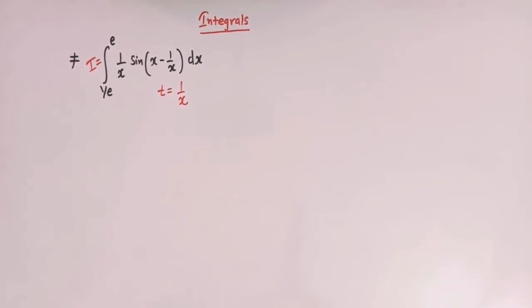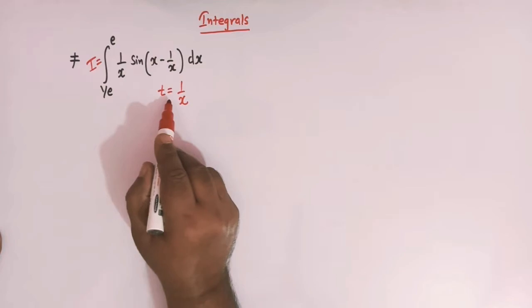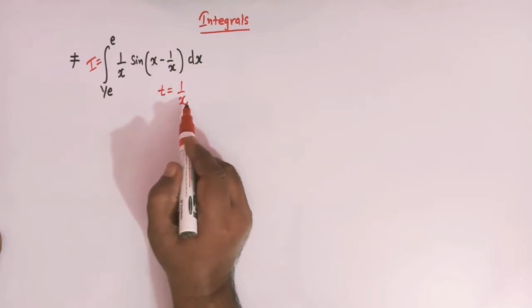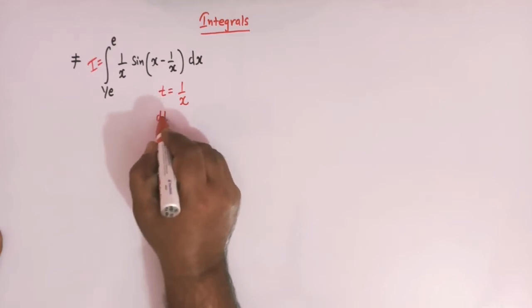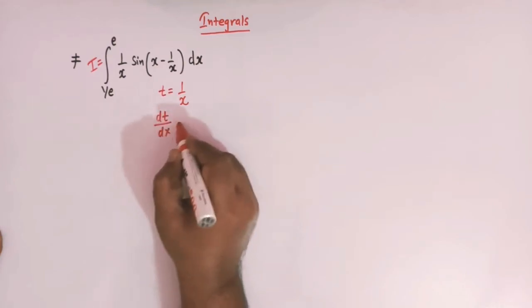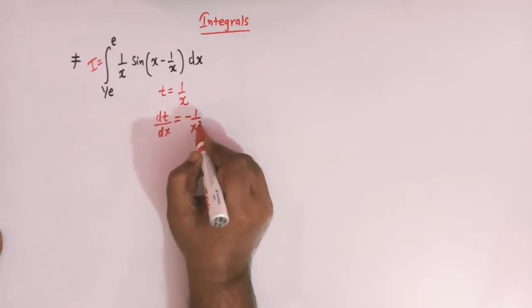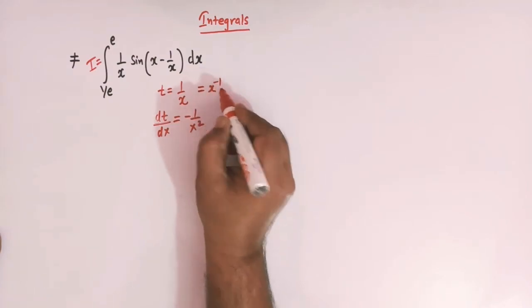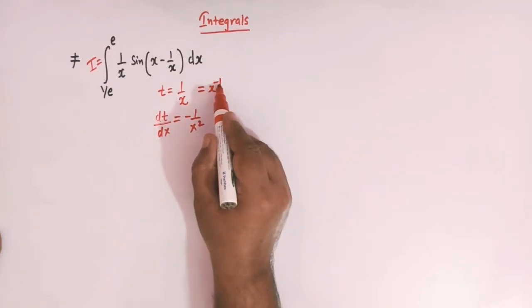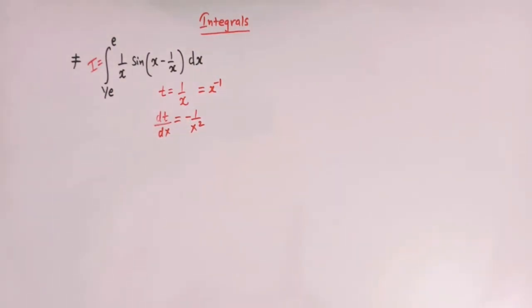If we differentiate both sides, we will get dt over dx is equal to minus 1 over x square, because the derivative of x raised to minus 1 is minus 1 over x square.